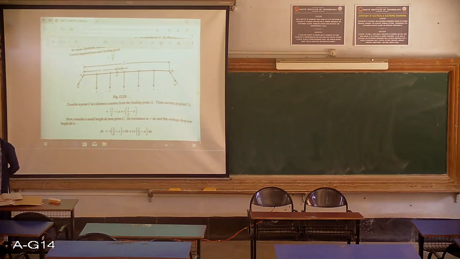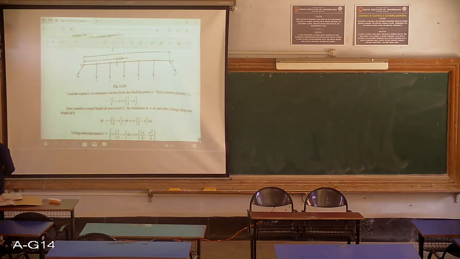And what is the distance x you have to consider? What is the drop there now? It is i into x, the current per meter run multiplied by the distance. So this will end up as i into (L by 2 minus x).